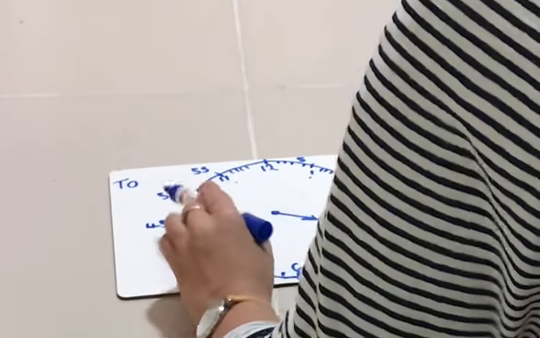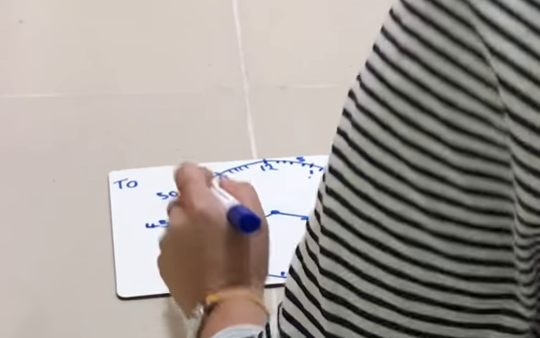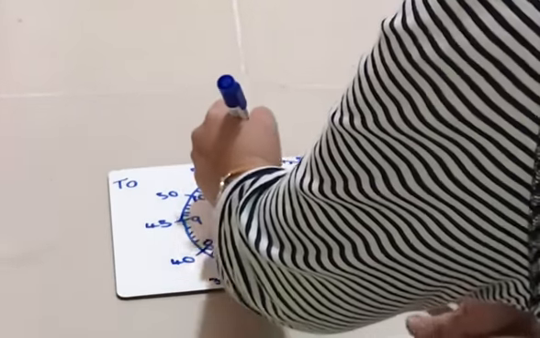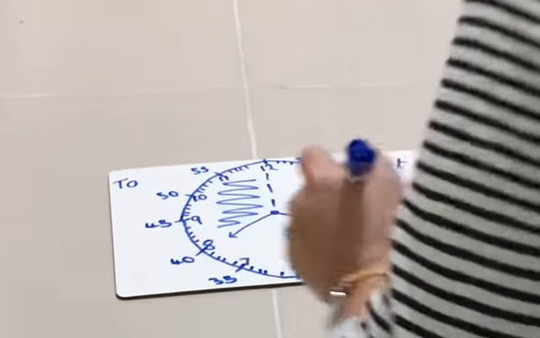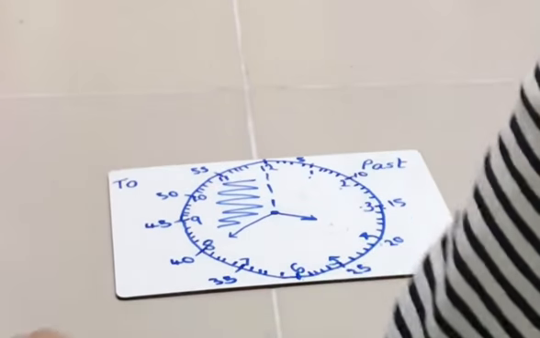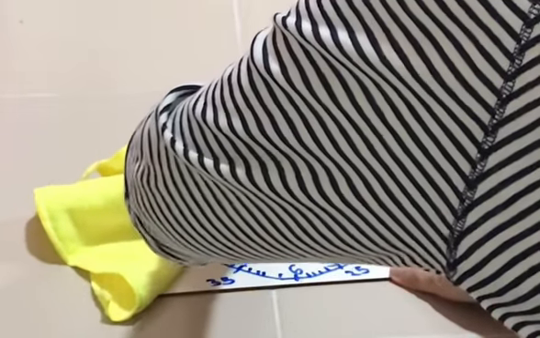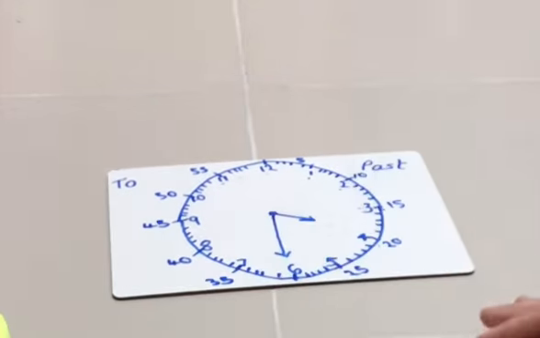5, 10, 15, 20. It's going to be on my 8. Here you go. Because if I can show you this way, feel like a fraction again. 20 minutes to go until it's 12. Now the trick to remember here with past the hour and to the hour is it will all change once that minute hand hits 6 o'clock.